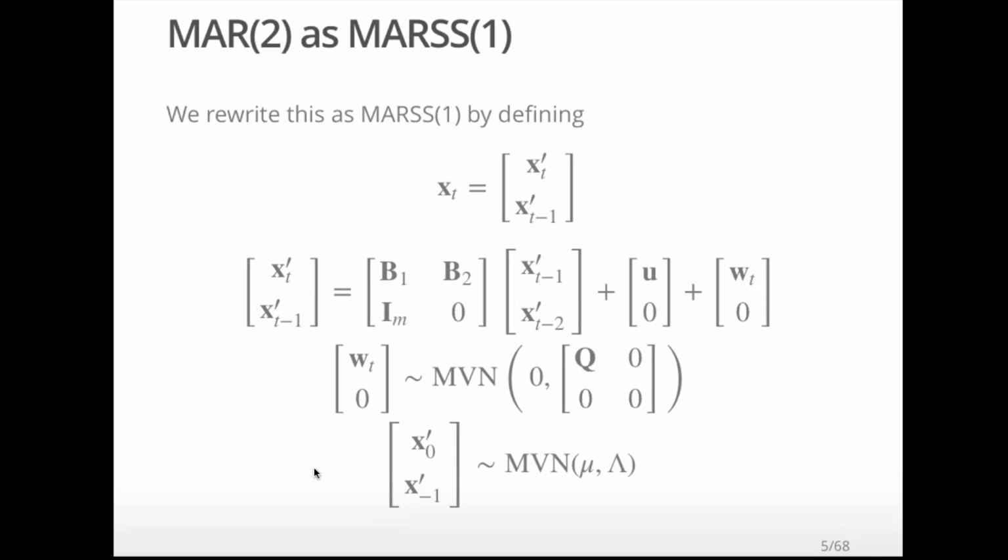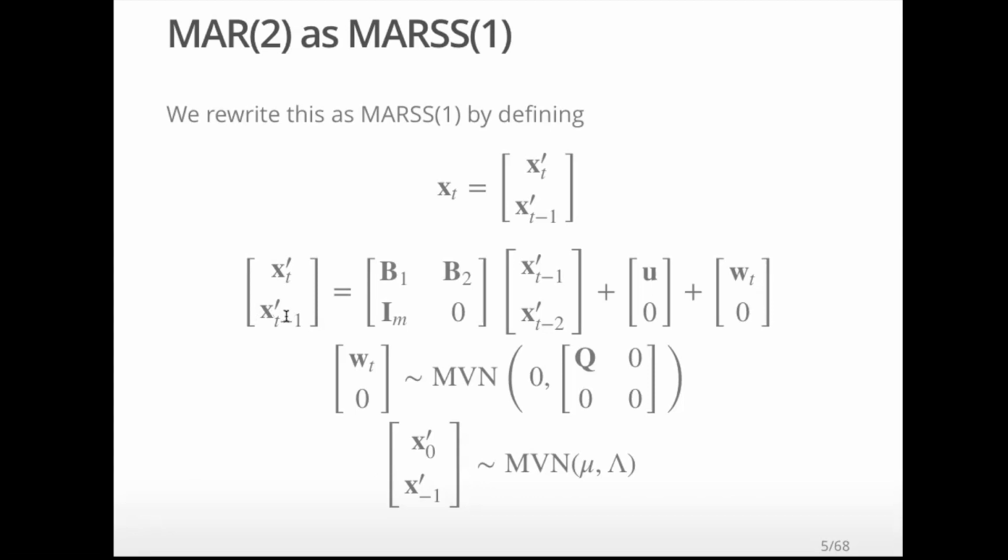Now I've got to work out what I do with my u. So I'm going to have my u up here, that's going to be 2 u's, 1 column, and then 2 zeros. And then I have my errors like that. Then I need to specify what my error distribution looks like. So I'm going to have my w_t up here, and then I have zeros, because this isn't a stochastic equation.